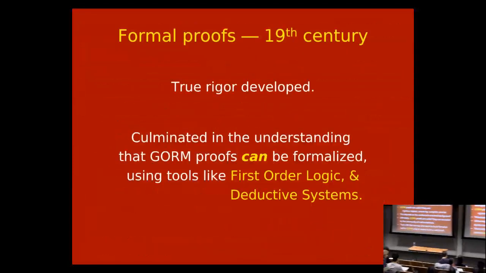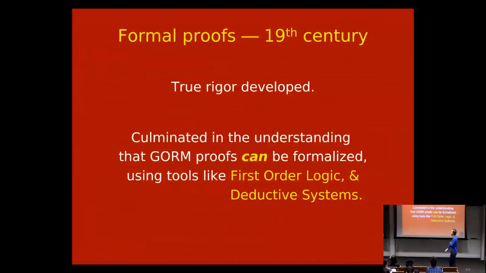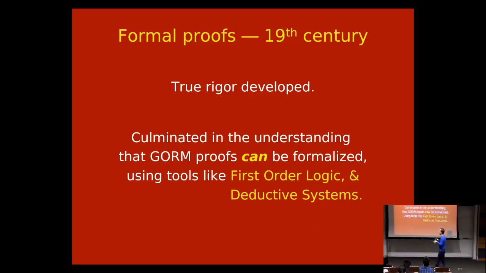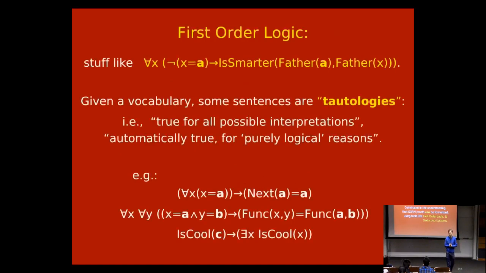So in the early 20th century, late 19th century, they started to try to develop a very mechanical, purely formal reasoning about proofs. It involved two tools that we talked about, first-order logic and also deductive systems. I'll remind you about these things.